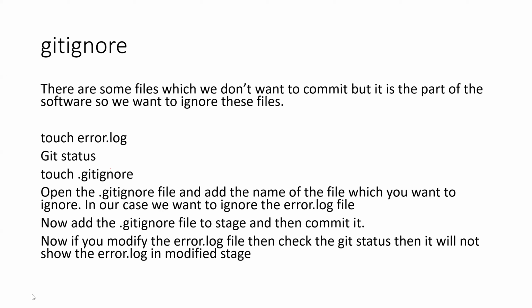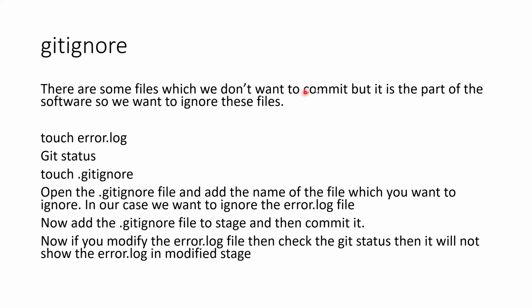So there are a lot of files, but there are some files which we don't want to commit, but they are part of the software. So we want to ignore these files.